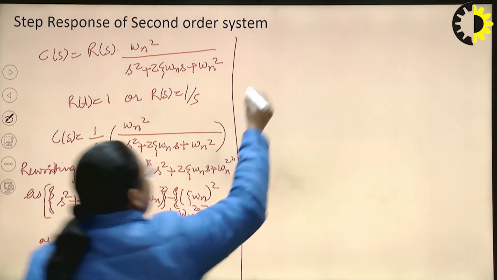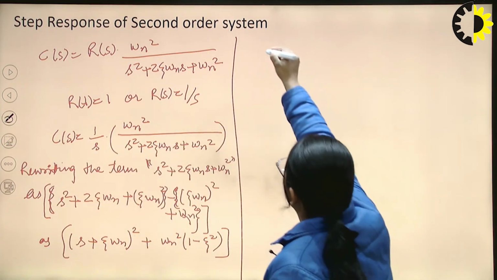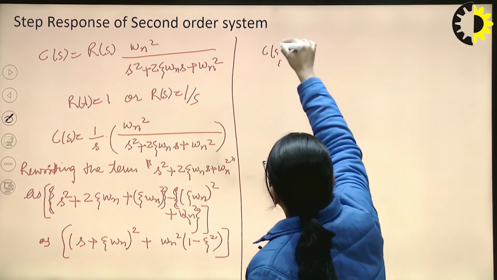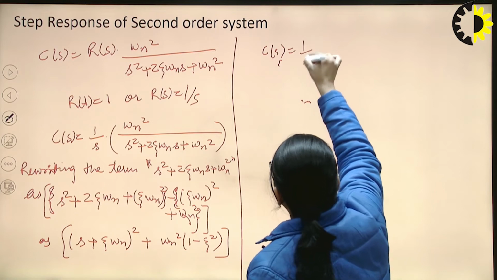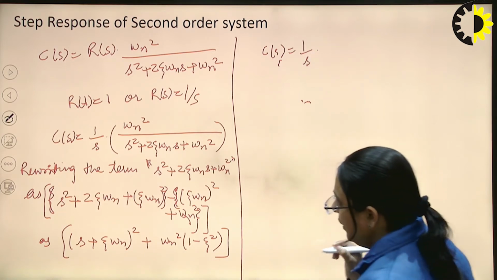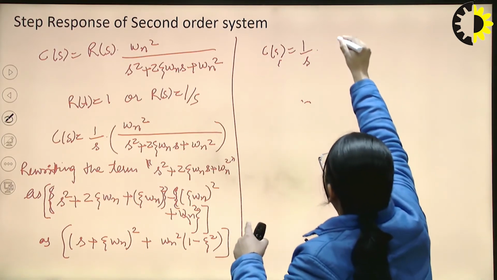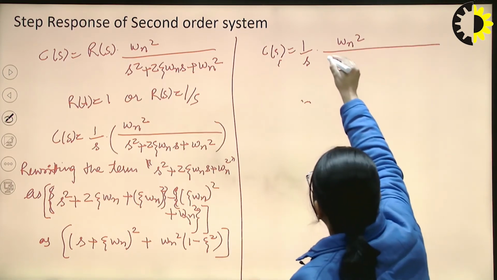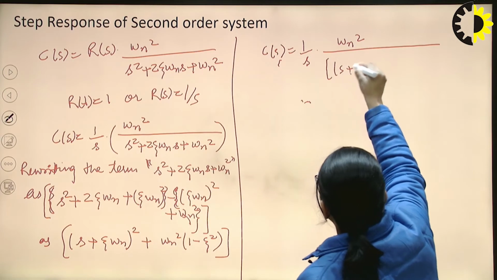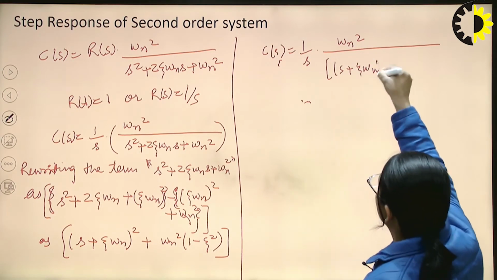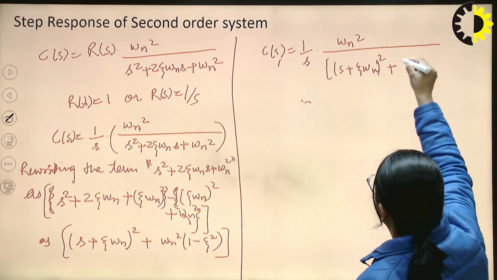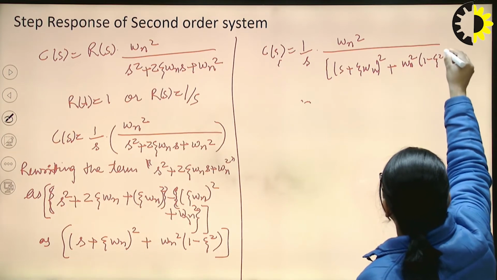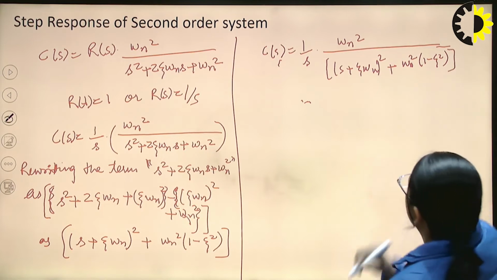So now Cs will be equal to 1 upon s into omega n square upon s plus zeta omega n whole square plus omega n whole square into 1 minus zeta square, okay.